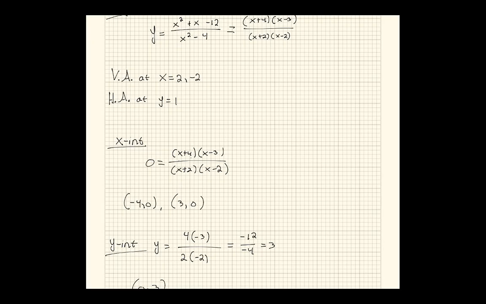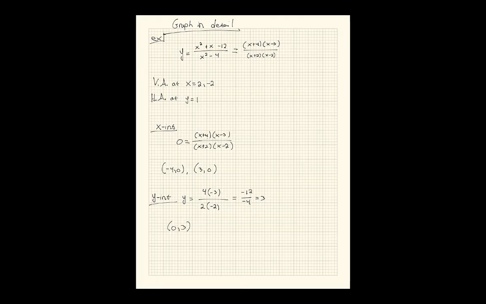have all the important information, like x is 2, -2 for the verticals, y is 1 for the horizontal, my x-intercepts, and my y-intercepts. Let's go ahead and see what this is going to look like. Okay, there's my y and my x. Drawing in those asymptotes.